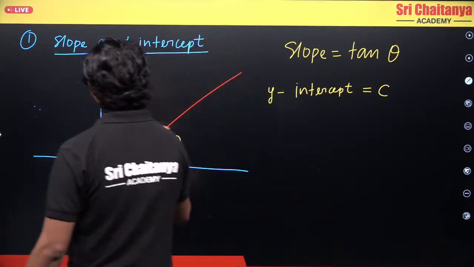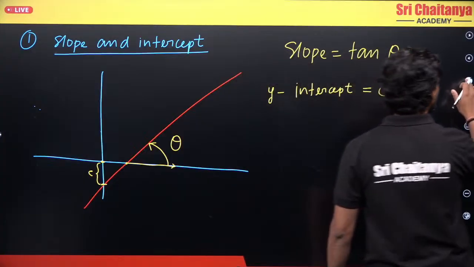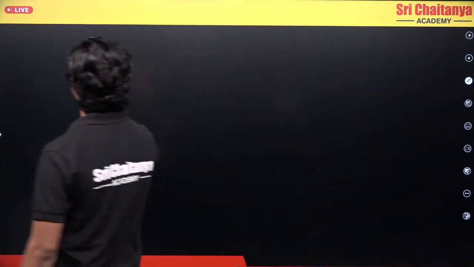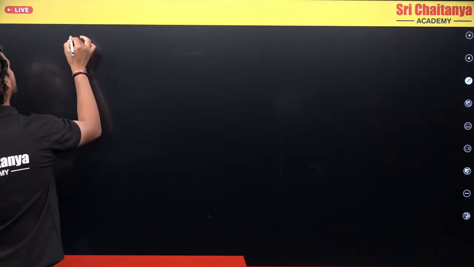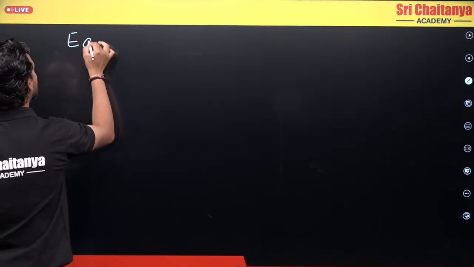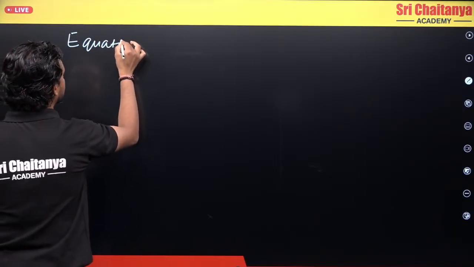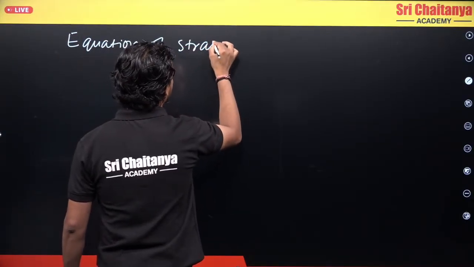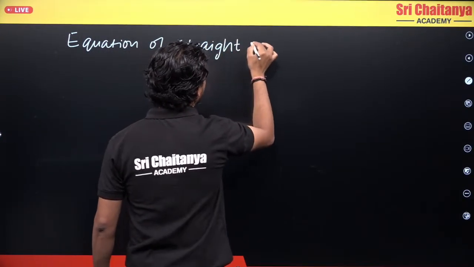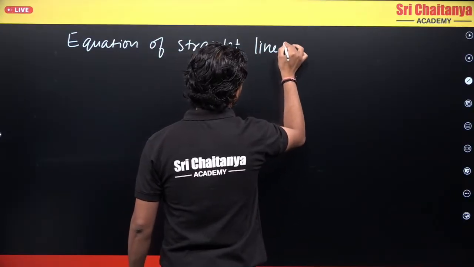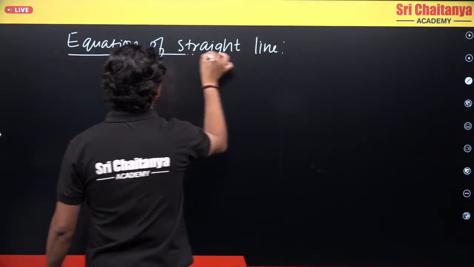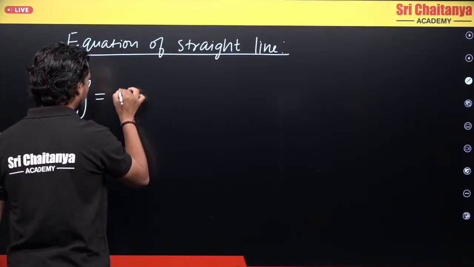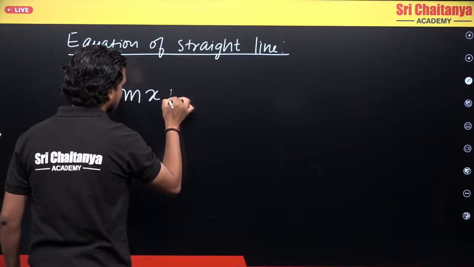Why did we do this? Because we wanted to write the equation of a straight line. So first of all, the general equation of a straight line. What is the general equation of a straight line? y is equal to mx plus c.